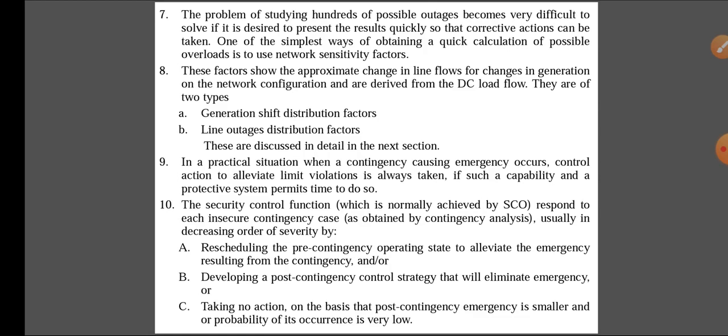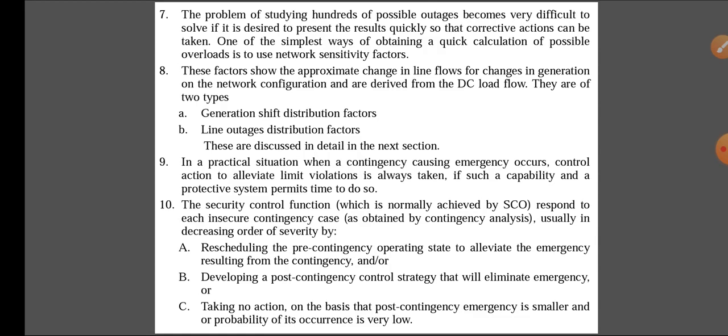Second step, you can develop a post-contingency control strategy that will eliminate the emergency. No doubt contingencies are going to create an emergency.